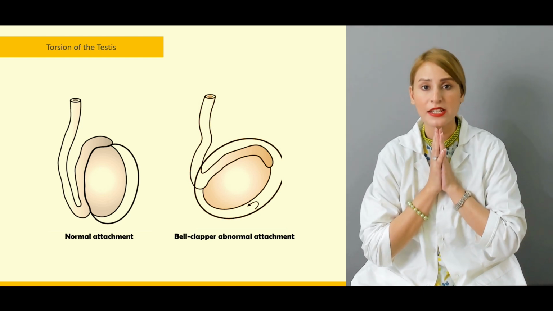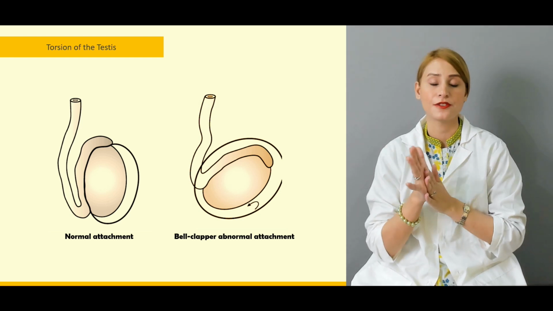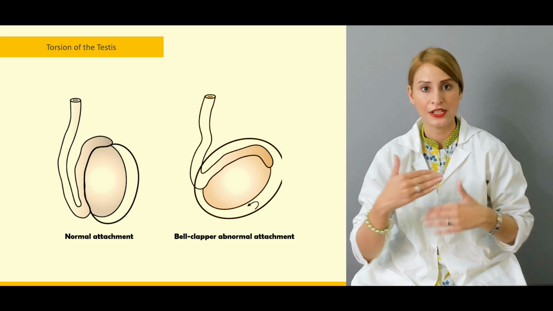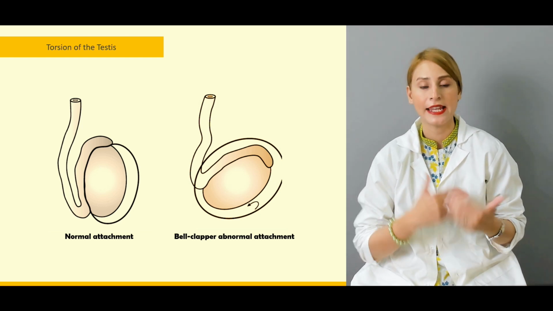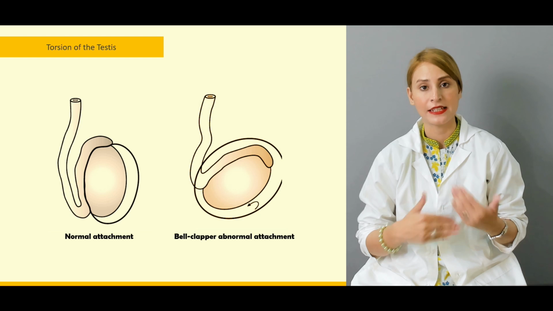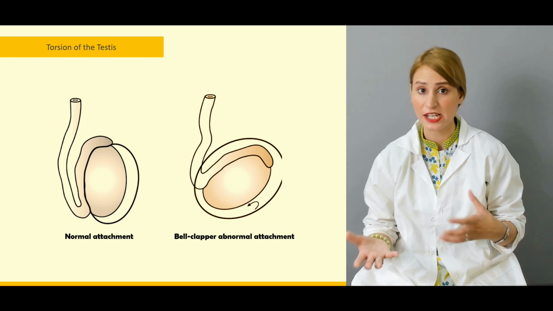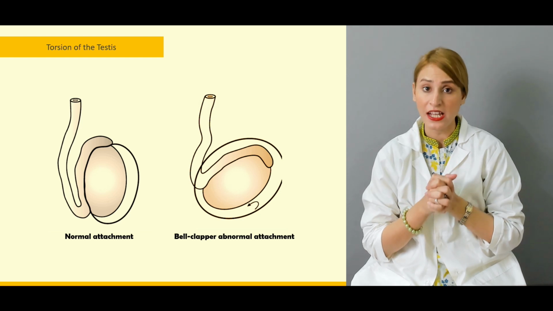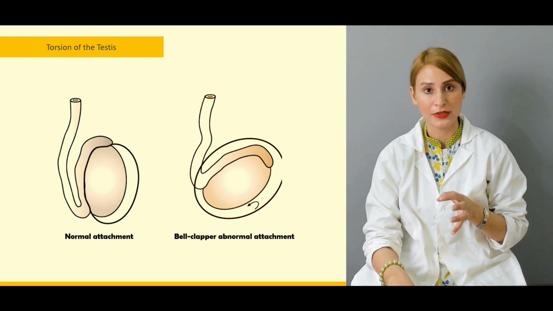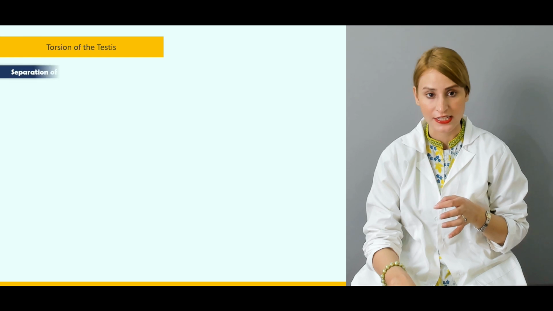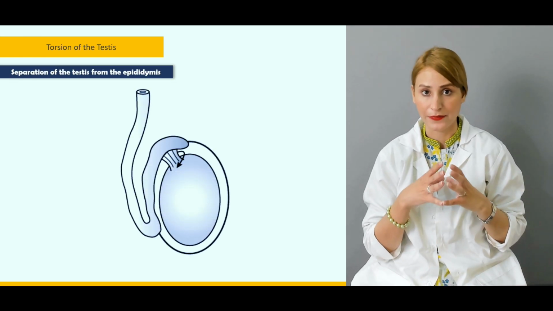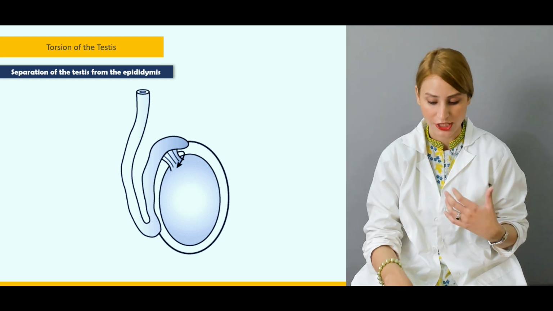The viability time is 6 hours, and if you do not do urgent surgical exploration and untwist the testes, and decompress the testicular artery so blood supply is made available to the testes, they will be dead, and that will lead to infertility. That is the reason the torsion of the testes is a surgical emergency.